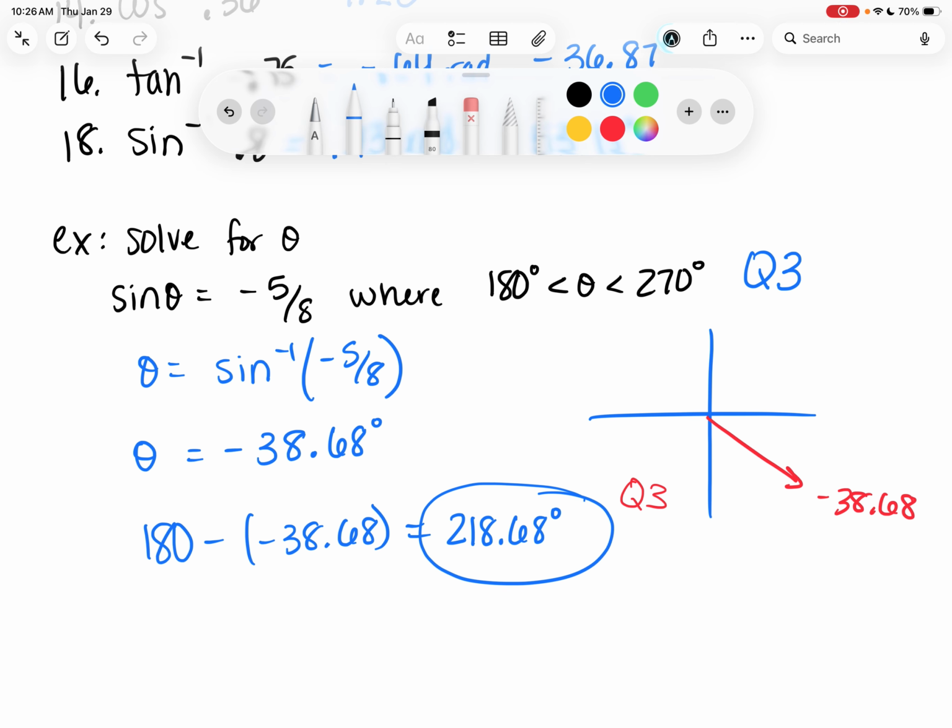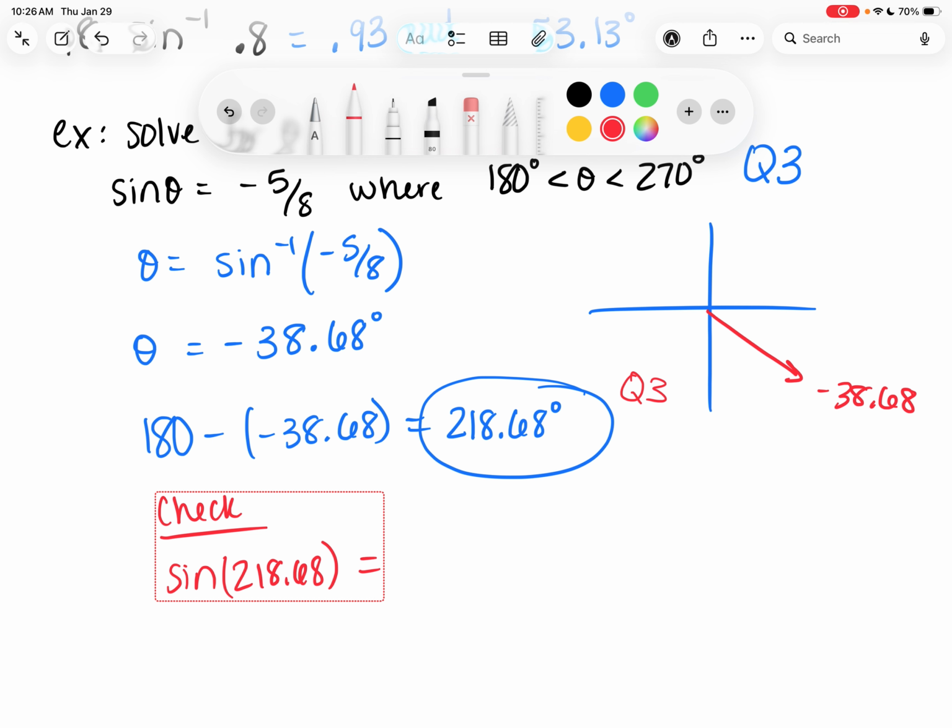Well, that's cool. If you're ever not sure if you've done this correctly, we can check it. I'll show you really quickly how to check it. You can type in the sine of whatever value you just found, so 218.68. Again, you'll need to make sure you're in degree mode when you do that, and figure out what that's equal to. Oh, I did that wrong.